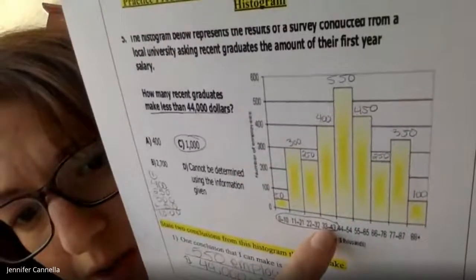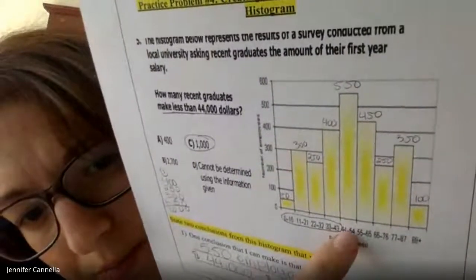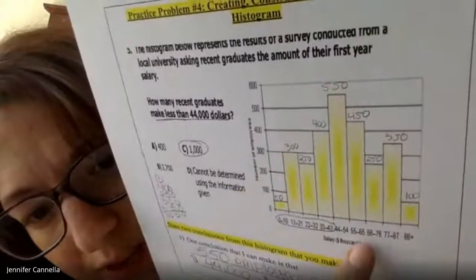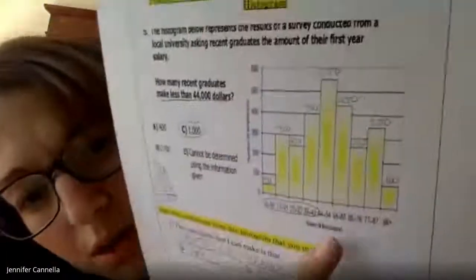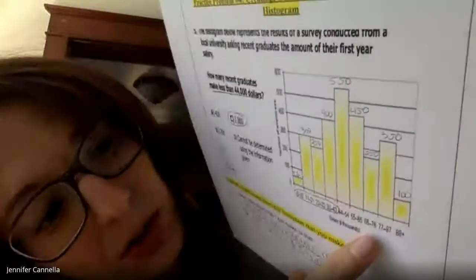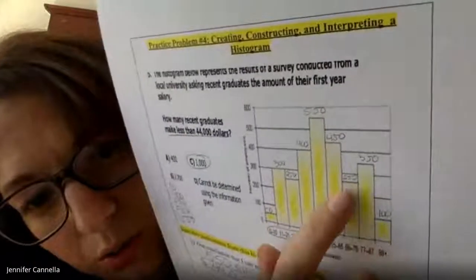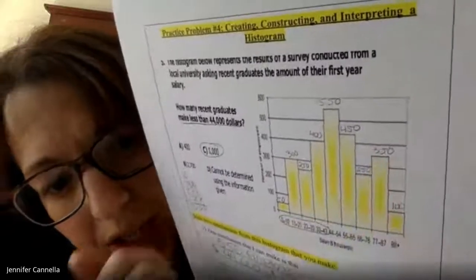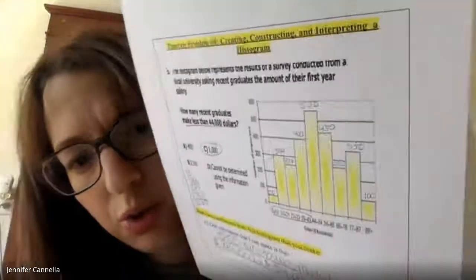The next interval, 33,000 to 43,000, is 400 people or employees. 44,000 to 54,000 is 550. The next one to 65,000 was 450. Then the next one, 66 to 76, was 250. The next one, 77 to 87, was 350. And then 88,000 and up, which is the plus sign, is 100.